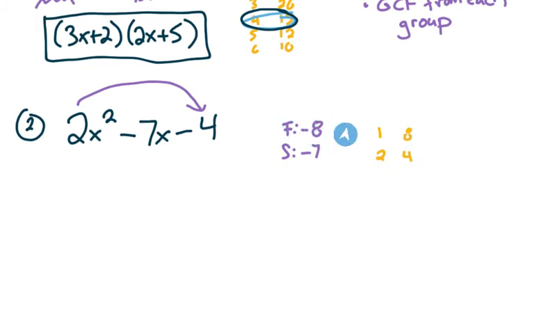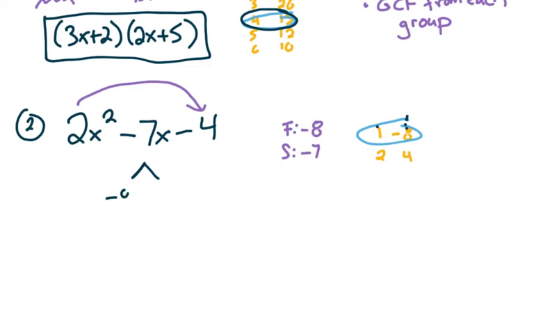Since one of them has to be negative, I need to make either one of these negative so that they add to a negative 7. So this would be making negative 8 and leaving the 1 positive. So this would be my pair. So I'm going to split this. Now it doesn't matter if we split it into a positive 1 or negative 8 or a negative 8 and positive 1. It's generally easier if you put the negative first.